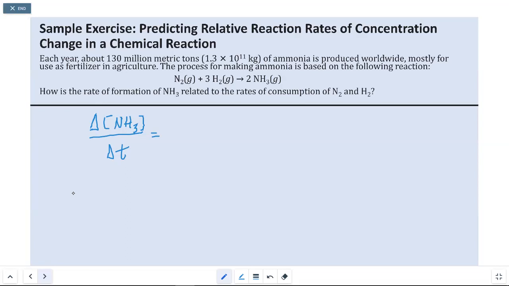So from that standpoint, if I'm looking at the rate of change of nitrogen over time, I know that the nitrogen would be the opposite sign. And the stoichiometric factor would be 2 ammonias for every 1 nitrogen.